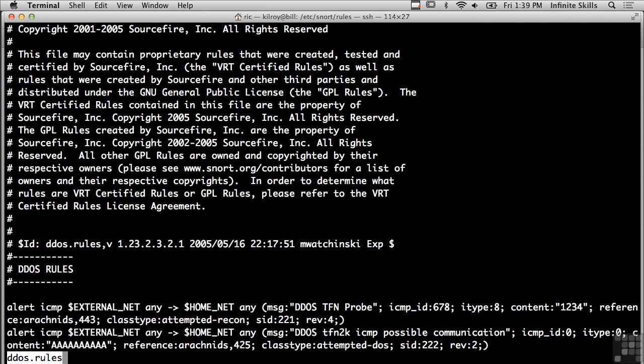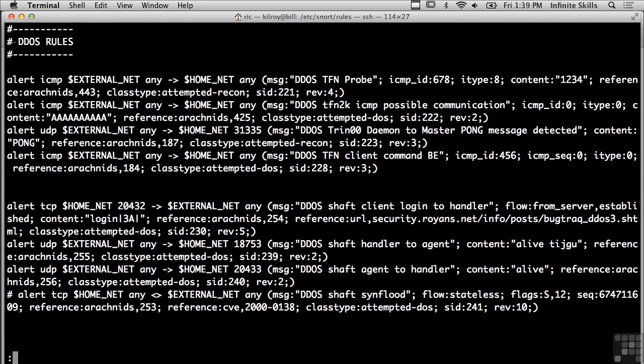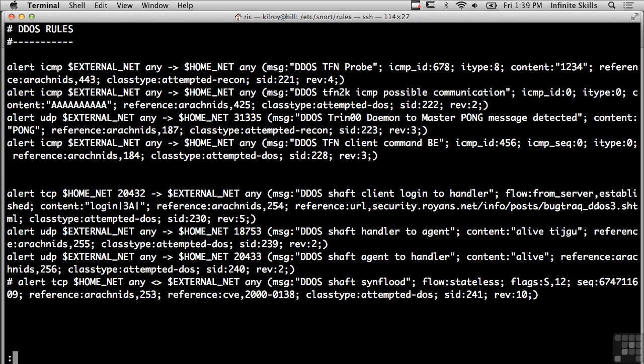DDoS is a distributed denial of service attack. We've talked about denial of service attacks or network attacks in other lessons. A distributed denial of service attack is just where the denial of service is coming from multiple locations simultaneously, therefore it's distributed.